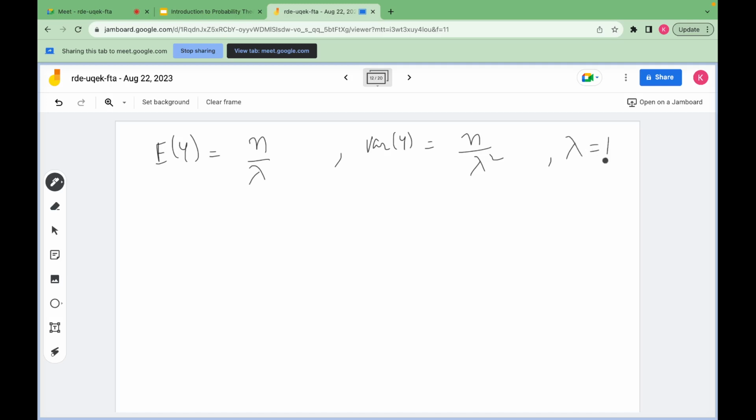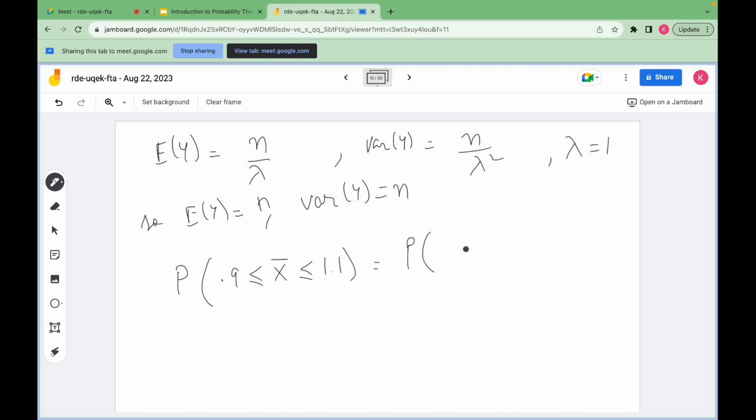Lambda is equal to 1, so the expectation of y is n and the variance of y is also n. Now we need to find the probability that x bar is between 0.9 and 1.1. This is nothing but y by n between 0.9 and 1.1. So we need to find the probability that y lies between 0.9n and 1.1n.